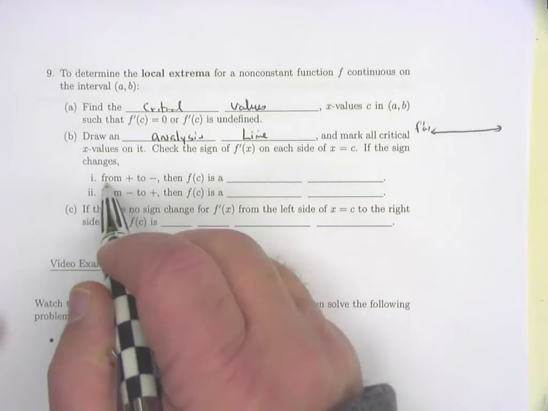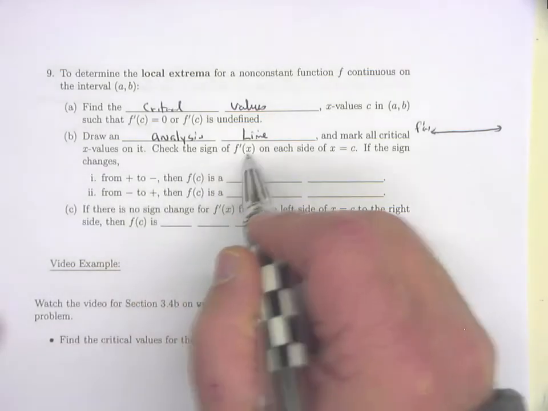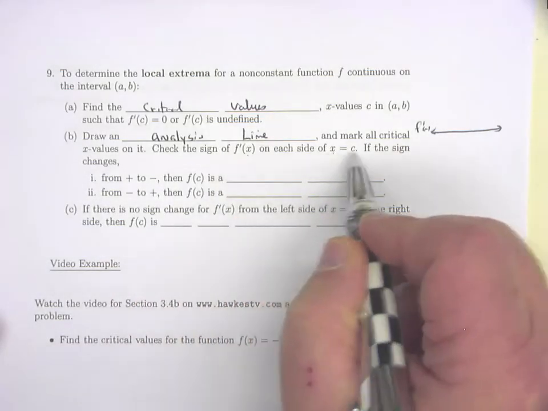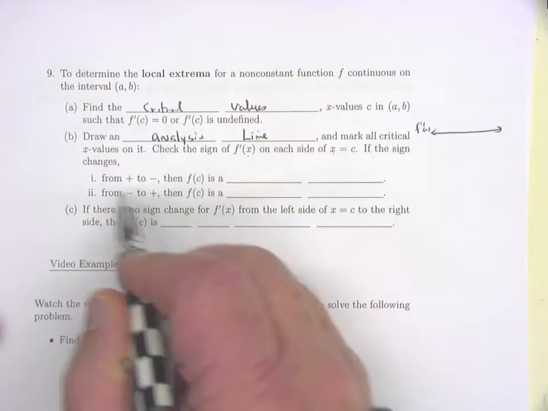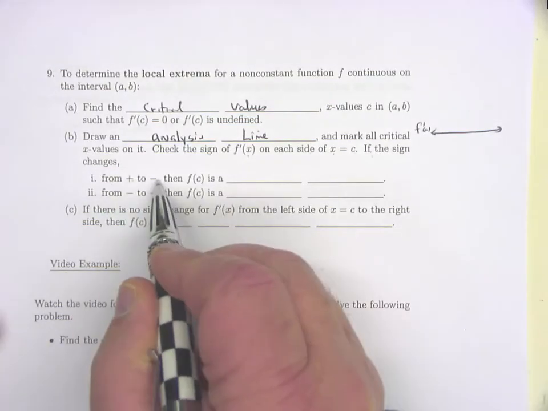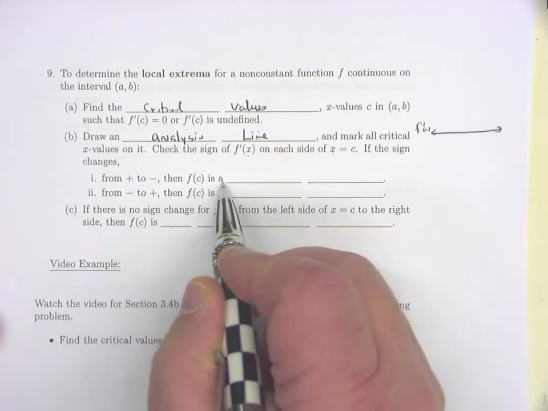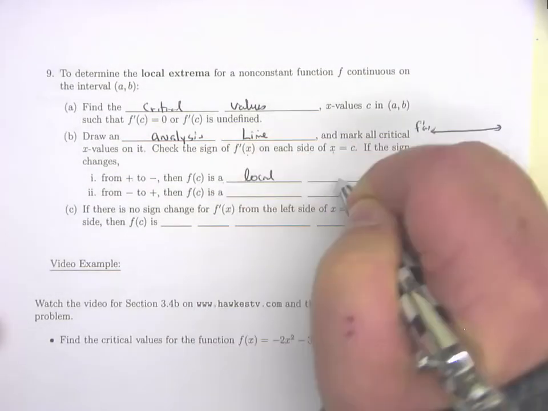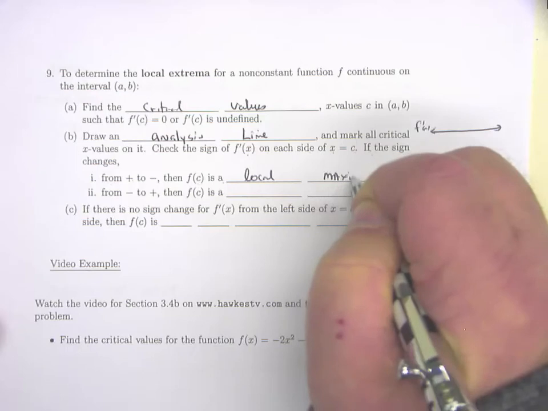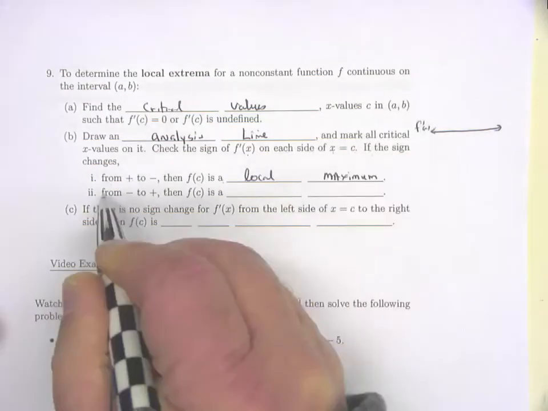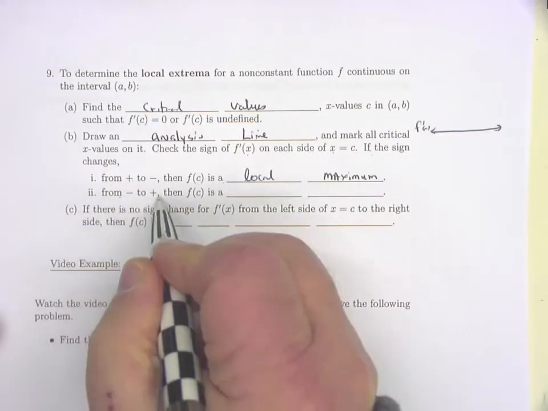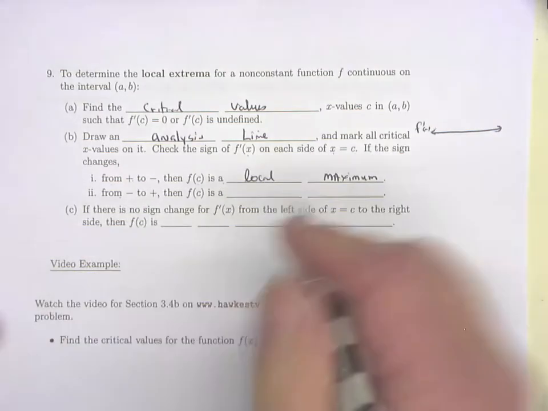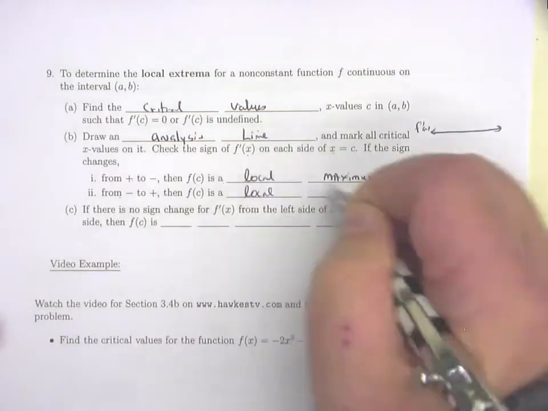And then that being said, here it is. Okay, check on the sign of f prime of x on each side of x equals c. If the sign changes, if it goes from positive to negative, then f of c is a local, you got it, maximum. And if I change from negative to positive, that's what I was just talking about, going down and going back up, I have a local minimum.